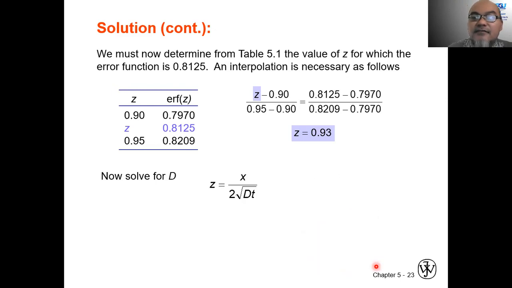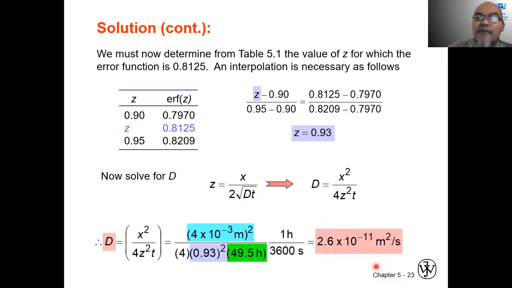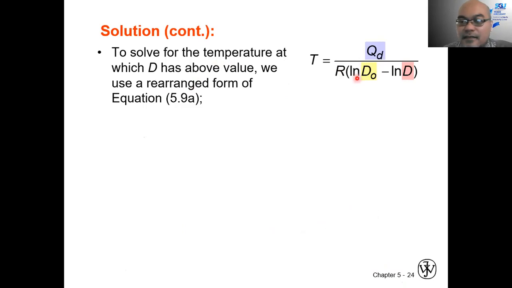The question is, what temperature? So we have to compare this with the diffusion coefficient at normal temperature to get the temperature. To solve for the temperature at which D has the above value, we rearrange the equation from the previous slide.